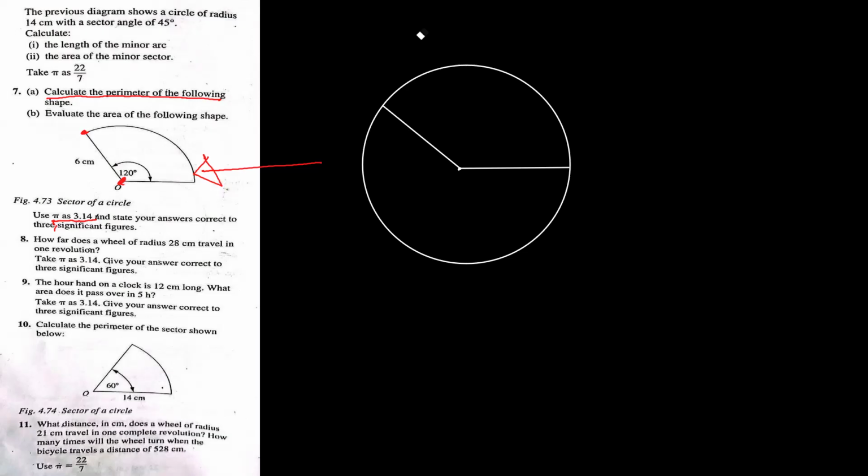That is the angle that is formed. Remember, Jenny, in an entire circle, how many degrees? 360. So that 120 is a fraction of the whole or the total amount.